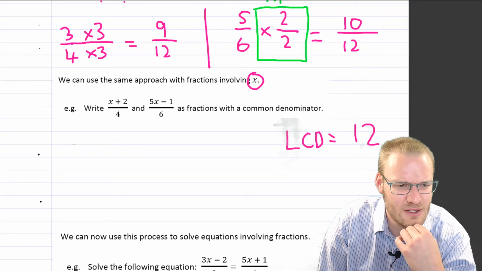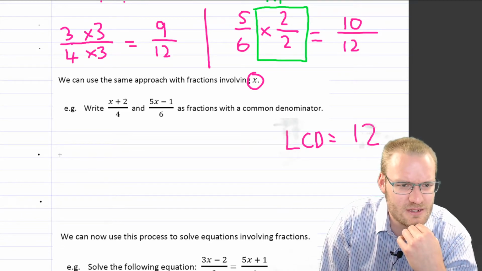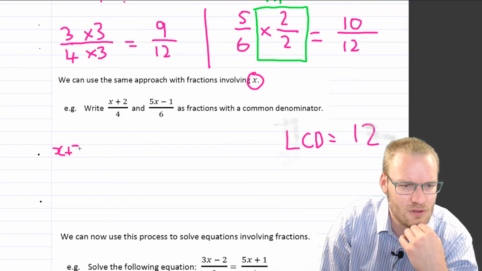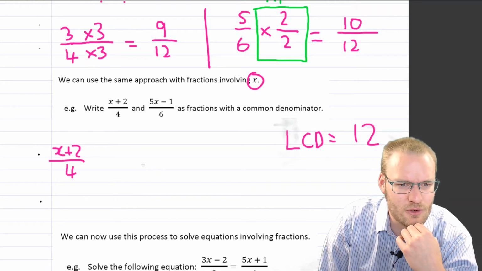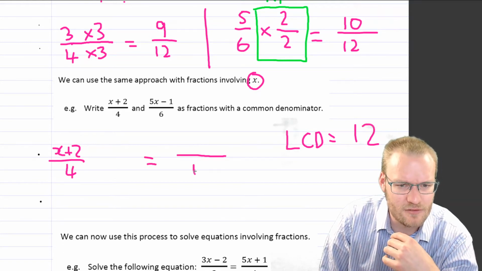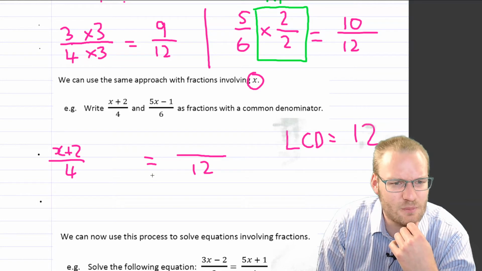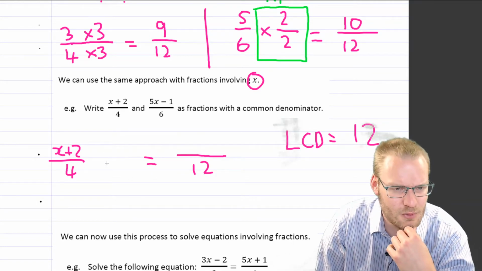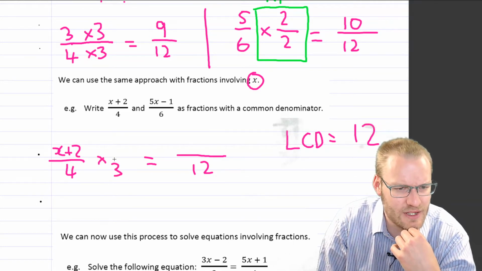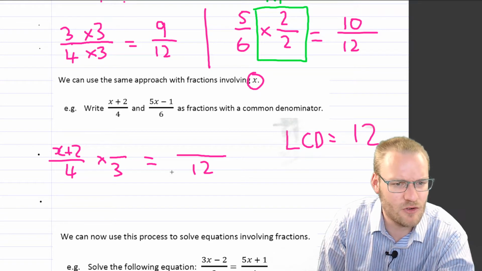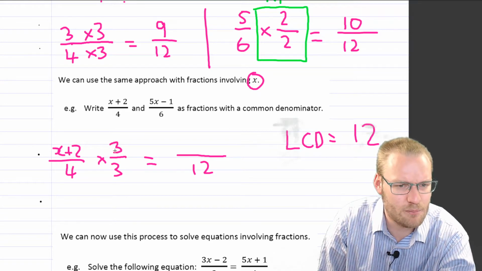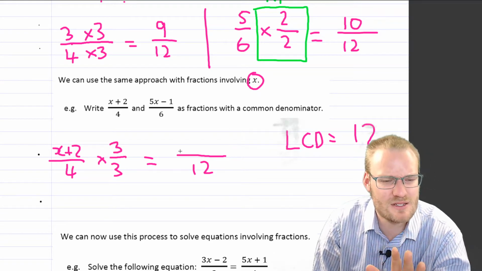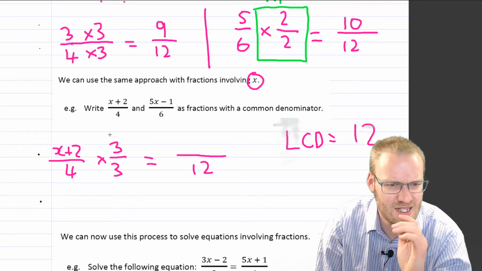So let's go for this first one. x plus 2 over 4. We want to write this as something over 12. So what do we need to multiply the bottom by? Well, we need to multiply that by 3 like we did before. So we need to multiply the top by 3. Now let's think how we're going to do this.